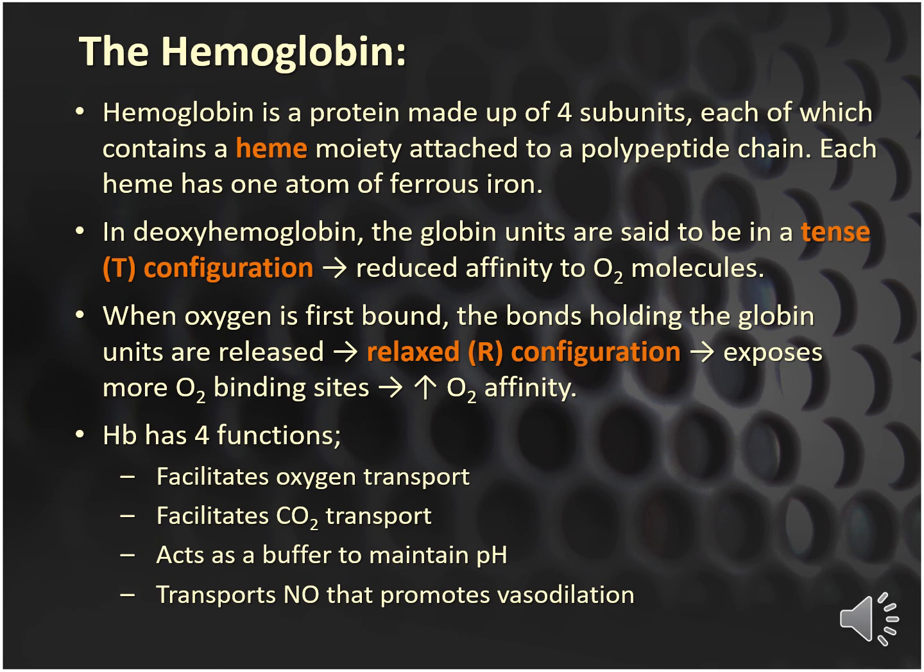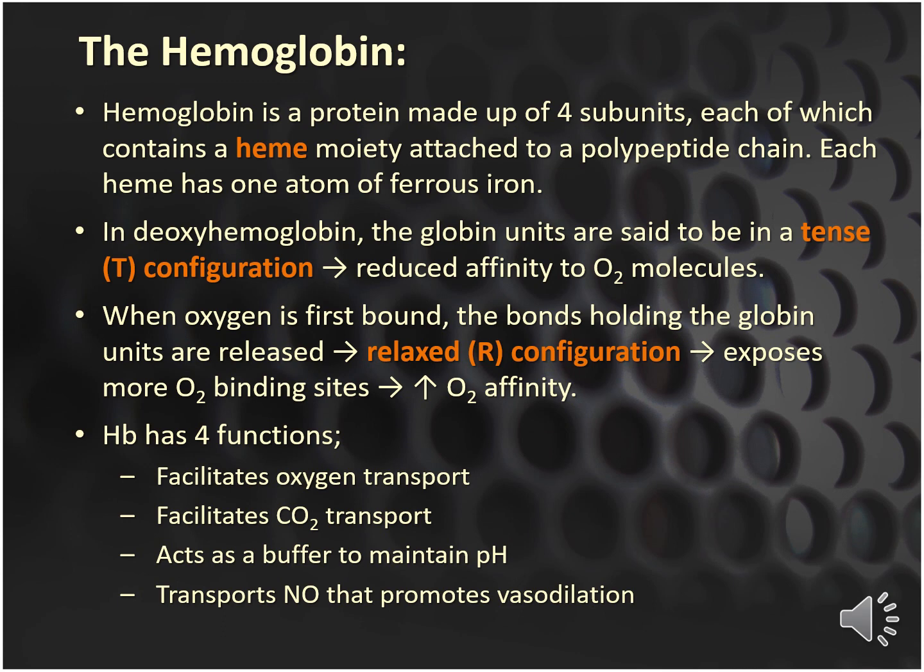This will expose more oxygen binding sites, and this will lead to more oxygen affinity. This simply means that the more oxygen attached to the molecule of hemoglobin, the easier it will be to attach extra oxygen.